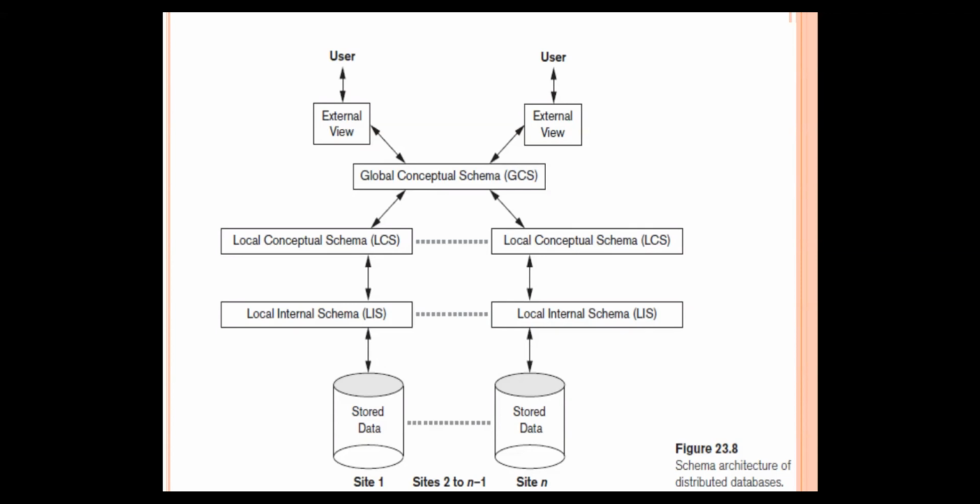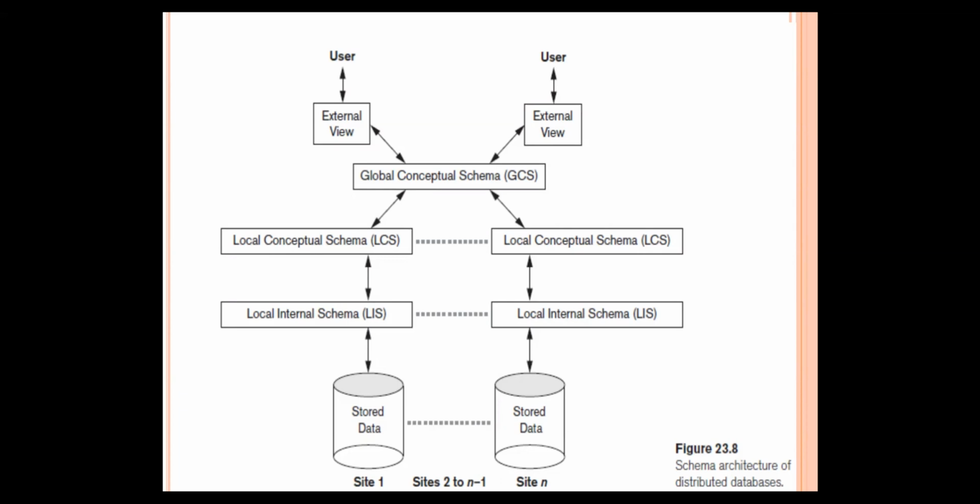Within that, which branch my account belongs to, whether Majestic, Shivaji Nagar or KR Market, it will go to the particular branch where my account is operated. So we have this superset, the GCS, with the subset called LCS, with the local schema LIS. In that way, it will segregate.